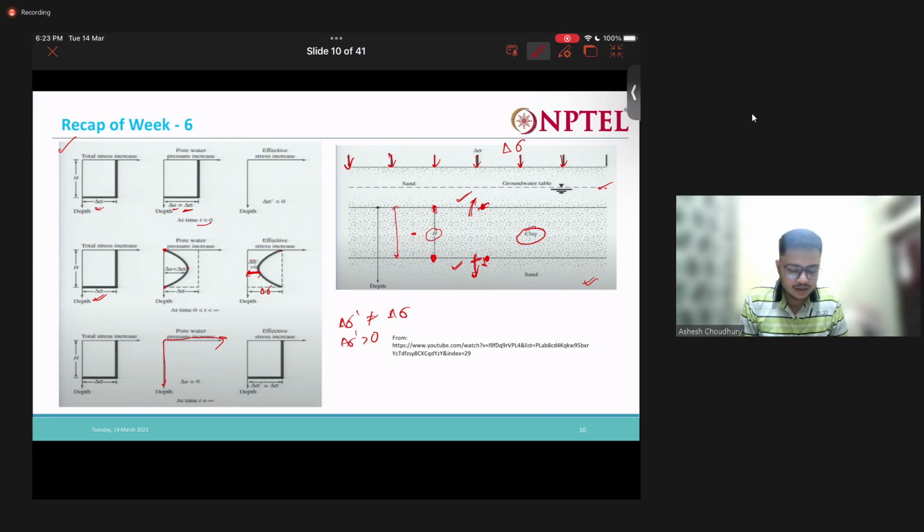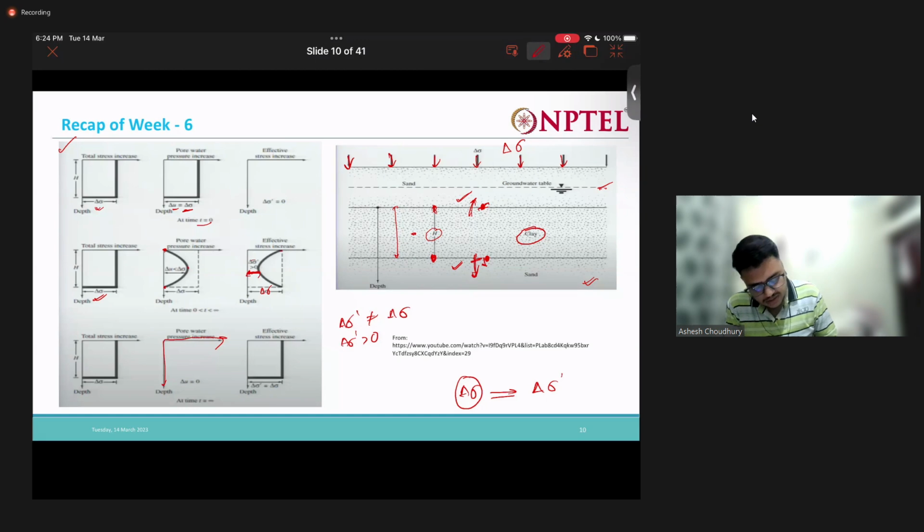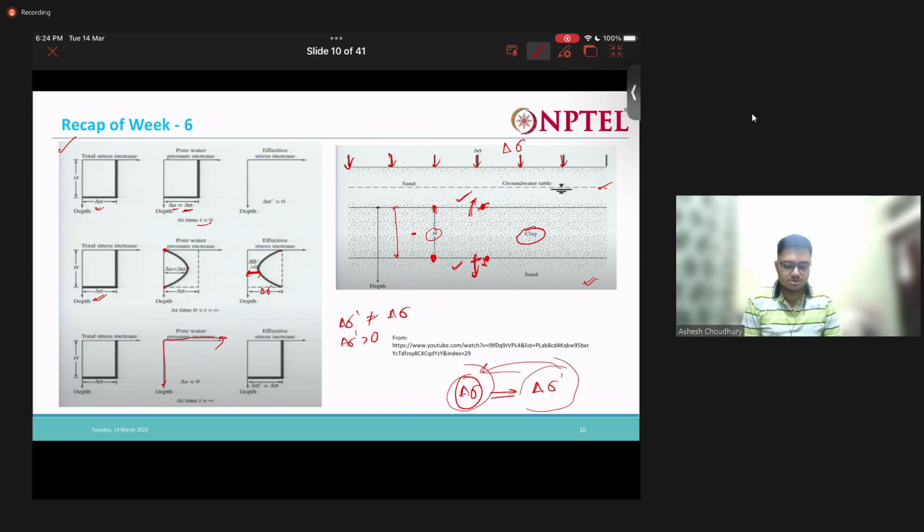That means the increase in stress is now transferred as effective stress, because none of it is taken by the pore water. The complete increase in stress is taken by the soil grains. So my effective stress is equal to this increase in stress, and my pore water pressure is 0. This is the situation at time t equal to infinity.